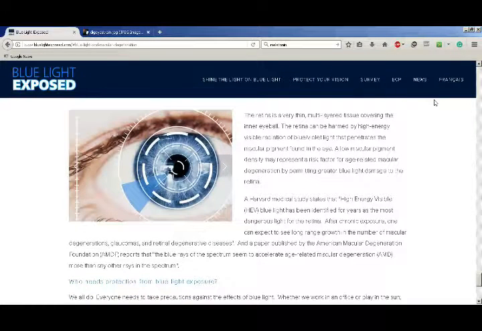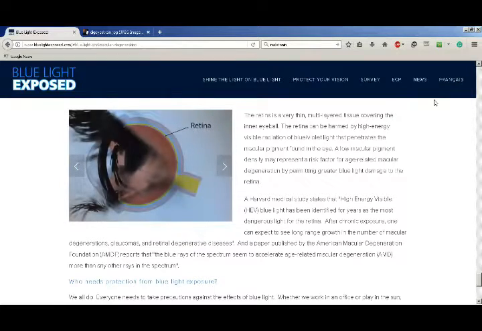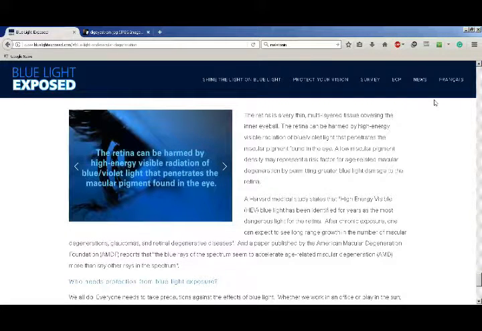Then it says the retina is a very thin, multi-layered tissue covering the inner eyeball. The retina can be harmed by high energy visible radiation of blue violet light that penetrates the macular pigment found in the eye.